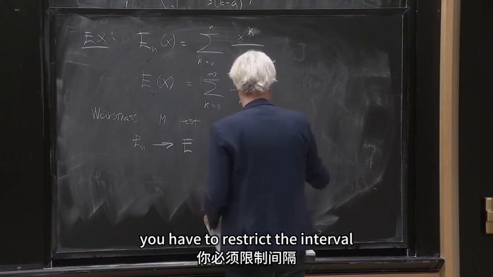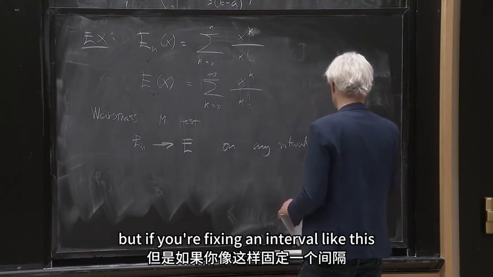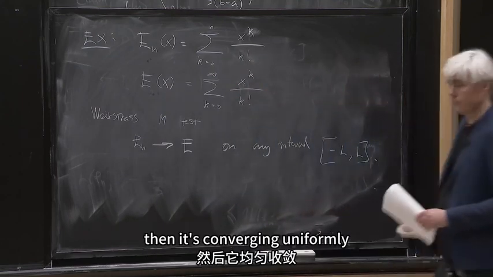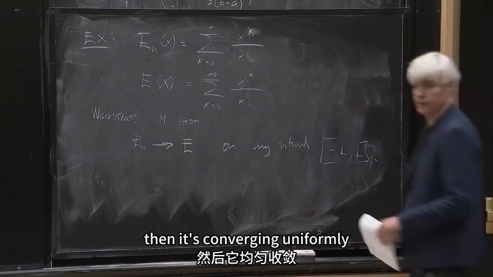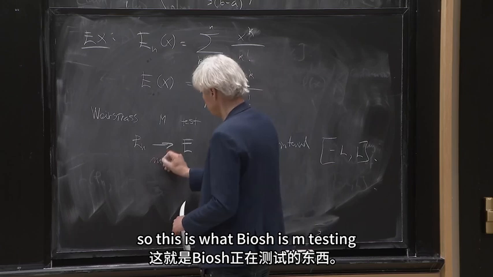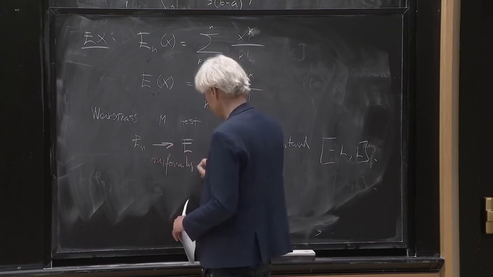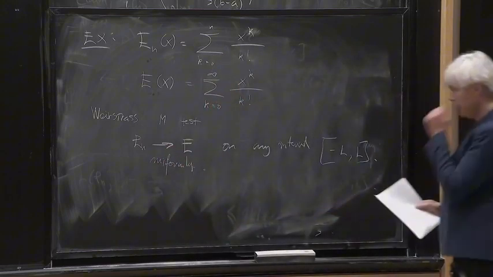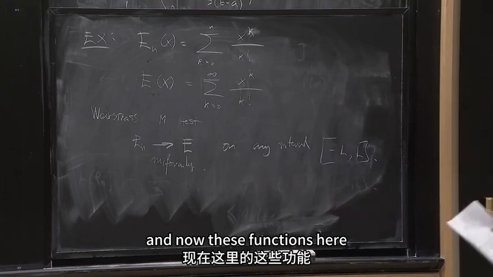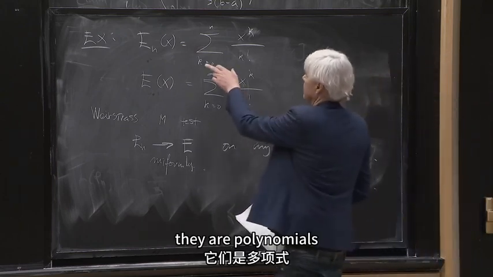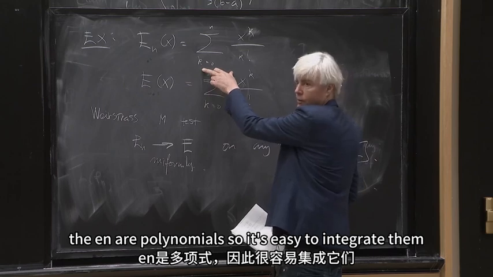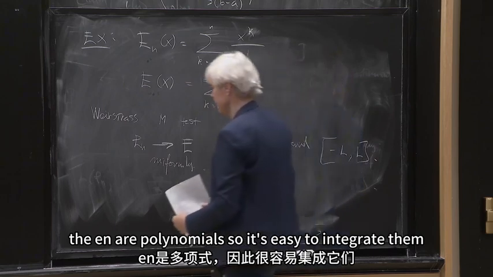You have to restrict the interval, but if you're fixing an interval like this, then it's converging uniformly, right? So this is what the Weierstrass M-test gave. And now these functions, the E_n, are polynomials, so it's easy to integrate them.